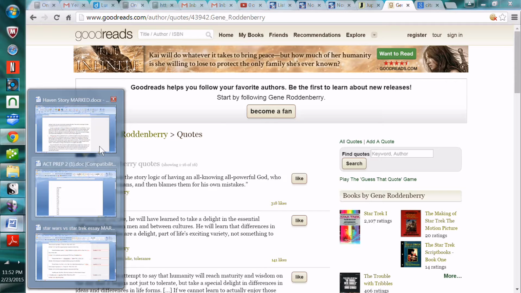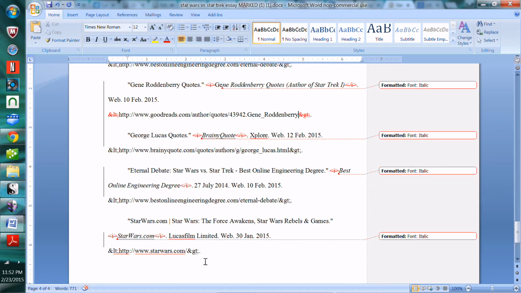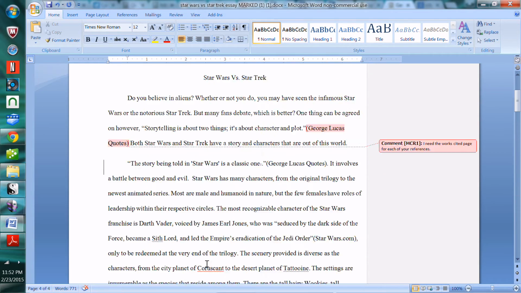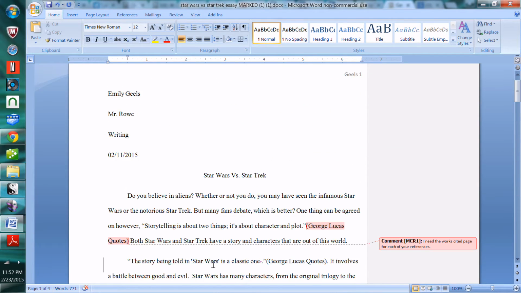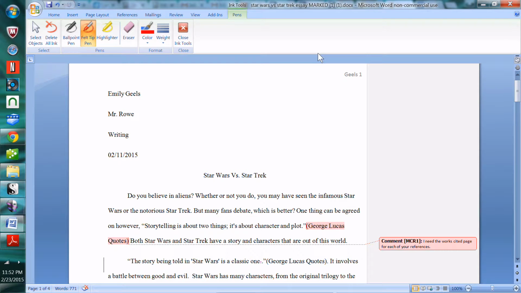Okay, let's go ahead and talk about transitions. And transitions is how you get through your paper from one paragraph to the next with a flow. And it's the last thing that people work on when they're doing their papers. And let me see here if I can get my pen to work today. Oh, I think I've got it upside down.